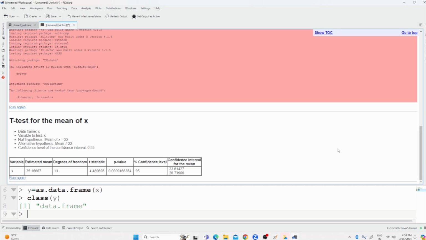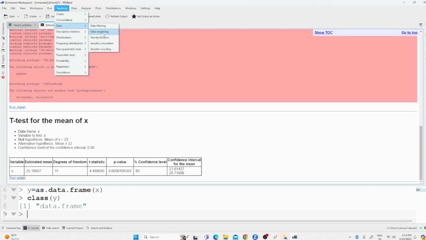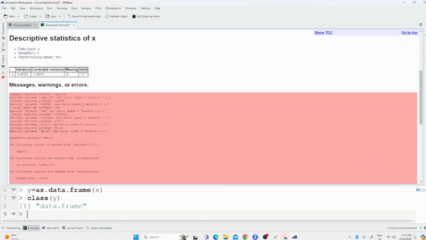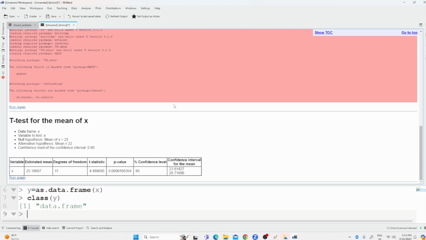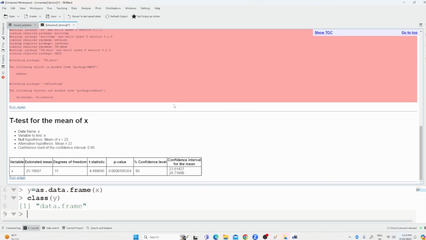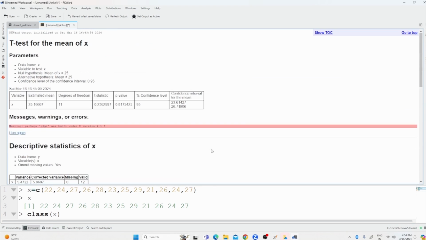Now see here one thing. This range is the same, please understand. Either I test the mean as 25 or 22, this range is the same, 23.614 and 26.71. Why?